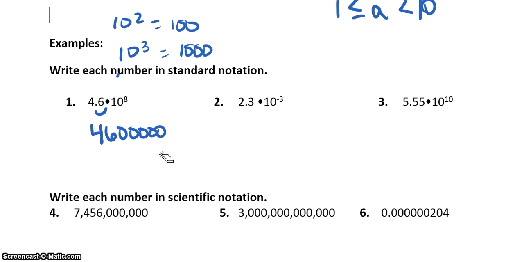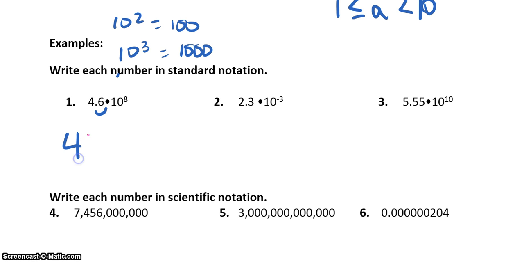Okay, so I'm going to add my commas. 1, 2, 3, 1, 2, 3. So that helps too when you're counting. Oh, I guess it took away 2 zeros.